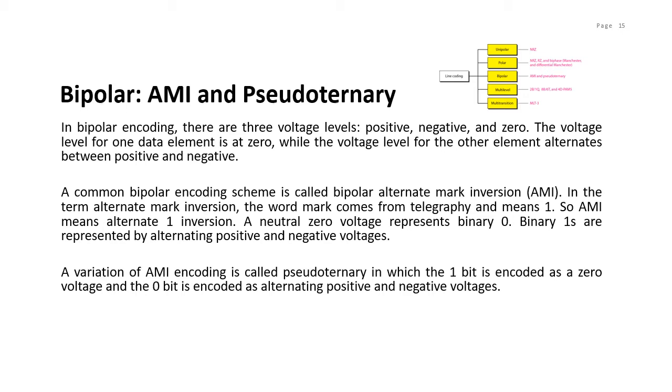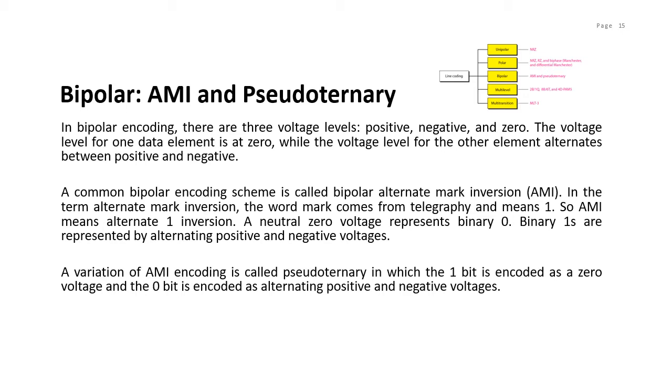The voltage level for one data element is at 0, while the voltage level for the other element alternates between positive and negative. Okay, there are 2 types, as I mentioned just now, AMI and pseudo-ternary. The common one is the AMI, which stands for alternate mark inversion.